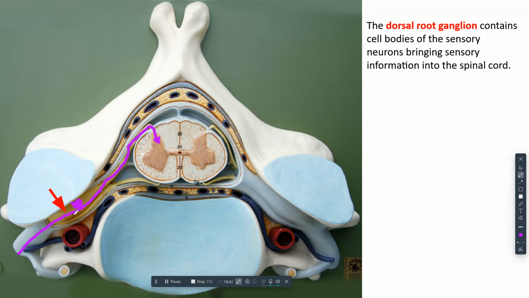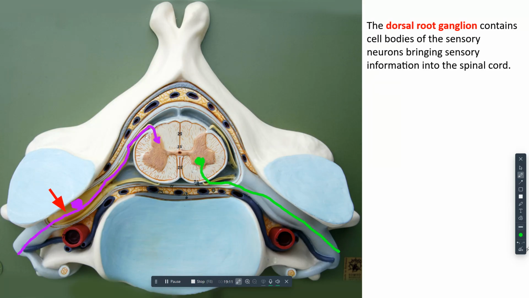So this purple line here is the axon of my sensory neuron, and this little circularish thing that I drew here is the cell body. So unipolar neurons have their cell bodies alongside their axon, as opposed to a motor neuron. A motor neuron would have its cell body right here, and then the axons coming out like that.